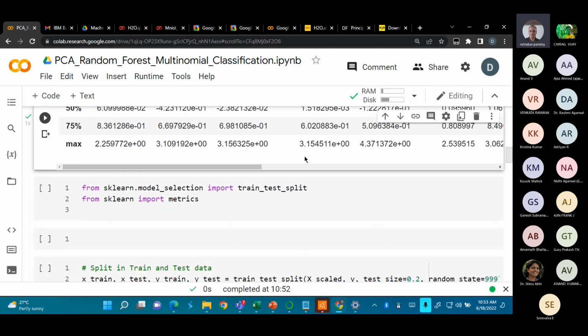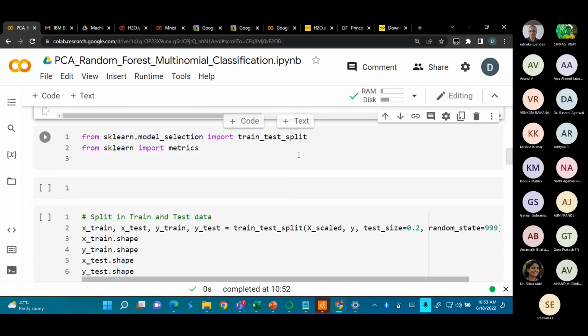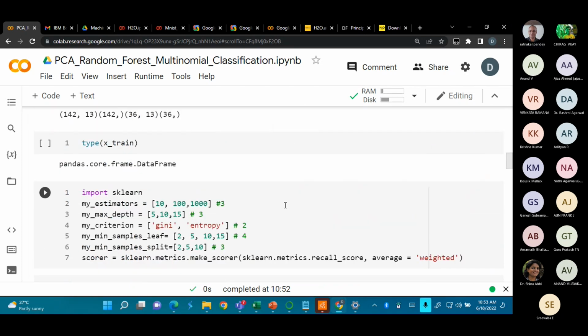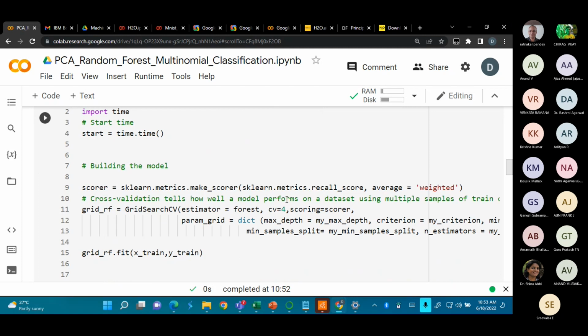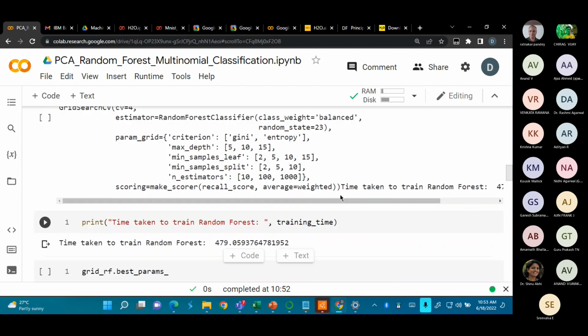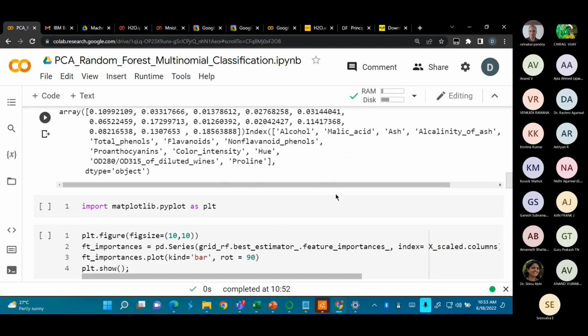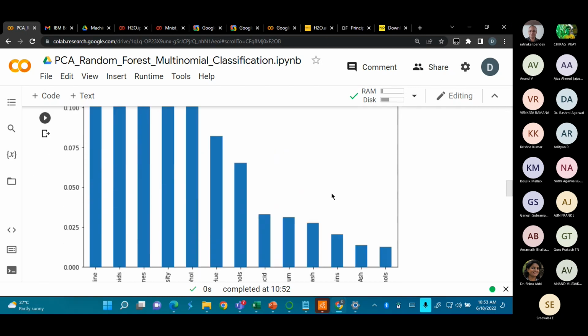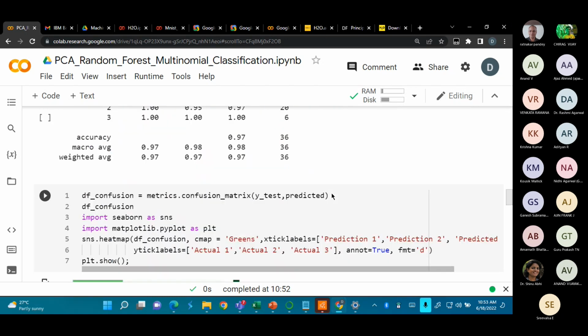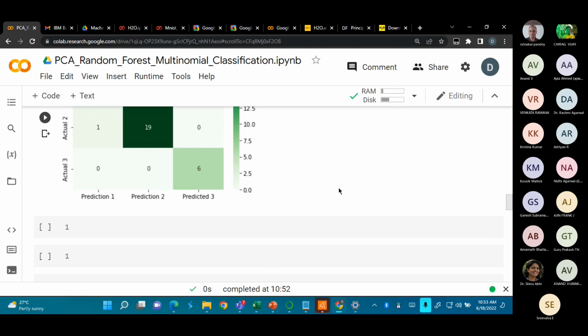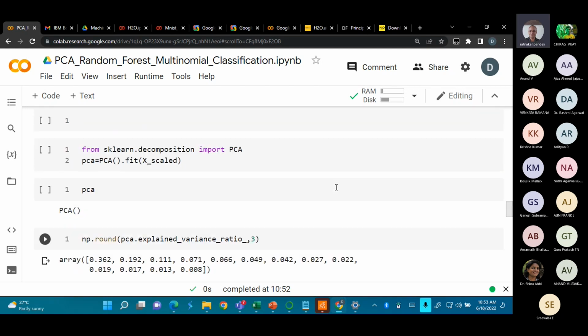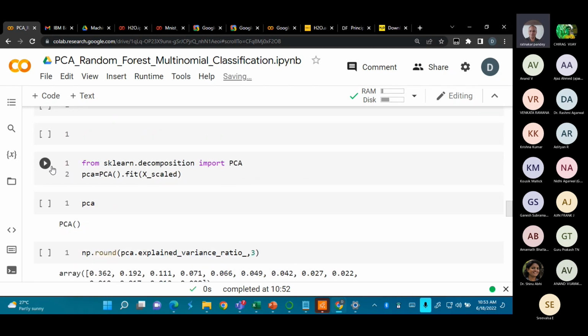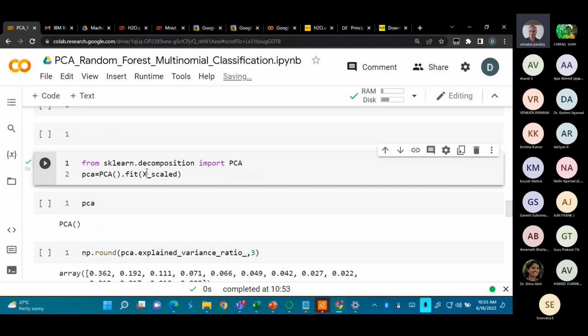After that, we will import the PCA object and fit on the scaled data.